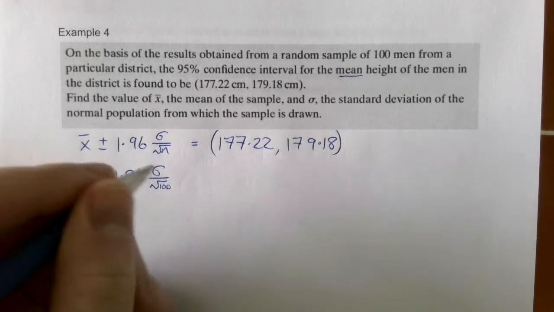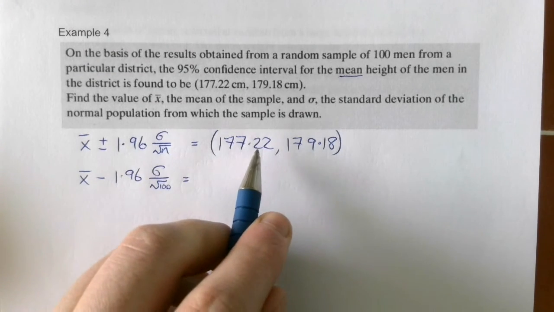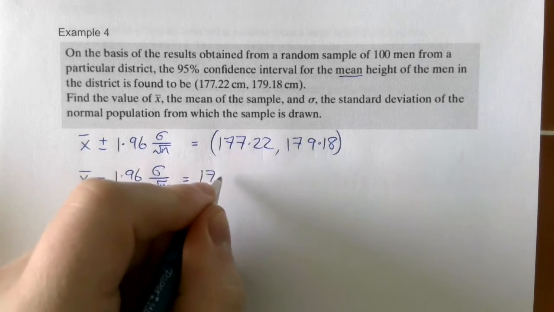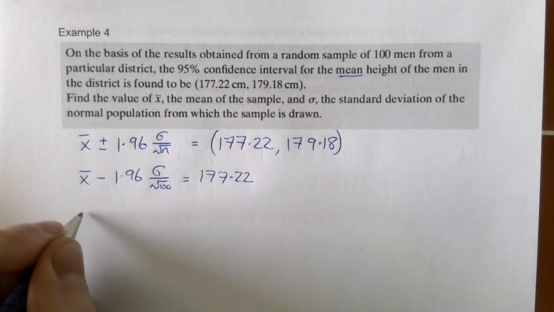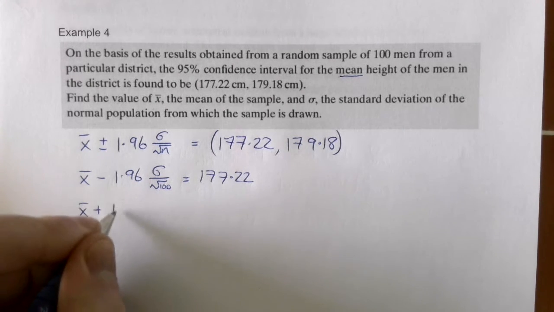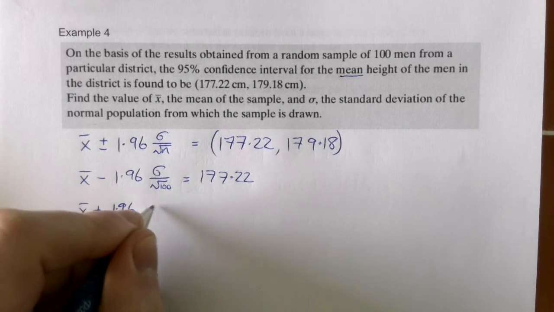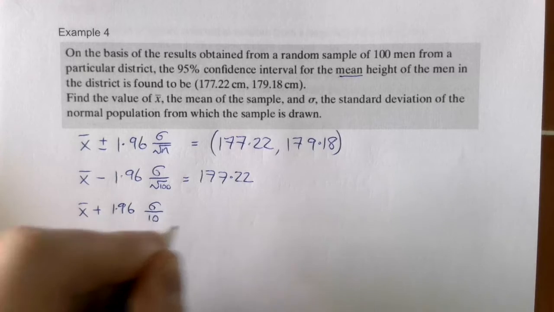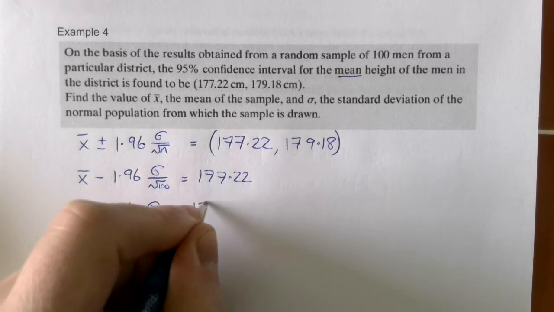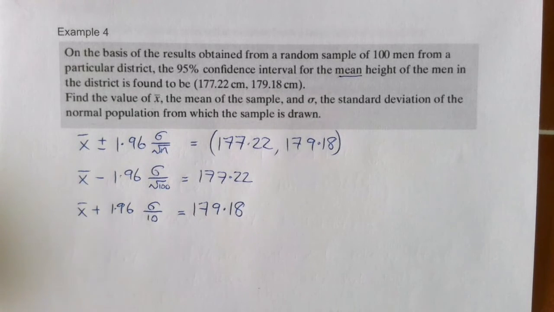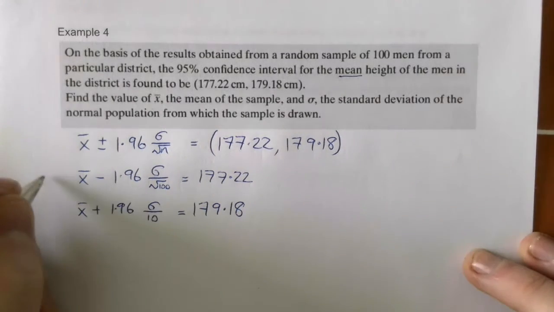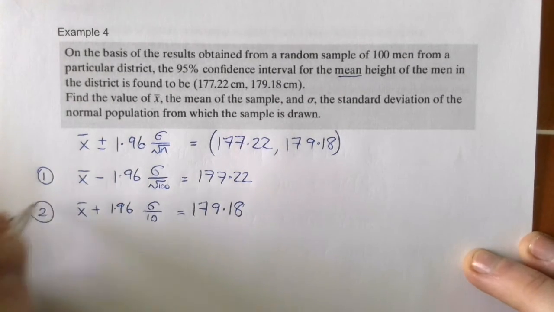which is 10. And we know that that is equal to 177.22. And then the other one, the mean plus 1.96 by rho over, we can even just call it 10 this time, and that is equal to 179.18. Now, thinking of simultaneous equations, this is my equation 1, this is my equation 2.